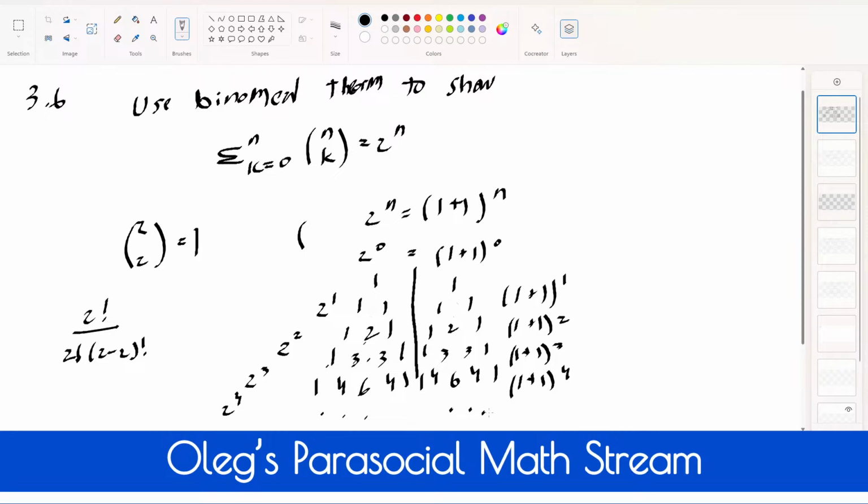Okay, use the binomial theorem to show that the sum of n choose k is equal to 0 for any n. See, we have 7 and 9, use the binomial theorem to show... the sum of 3 to the power of k times n choose k is equal to 4 to the n.